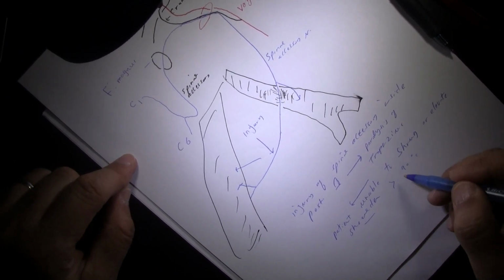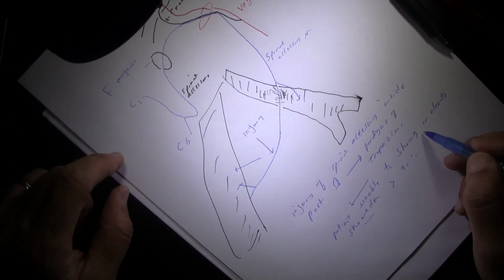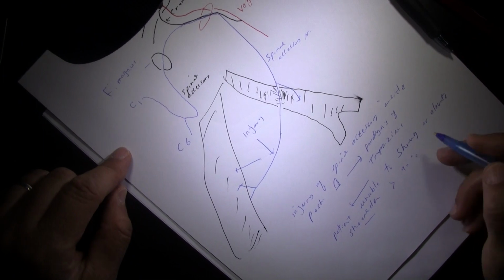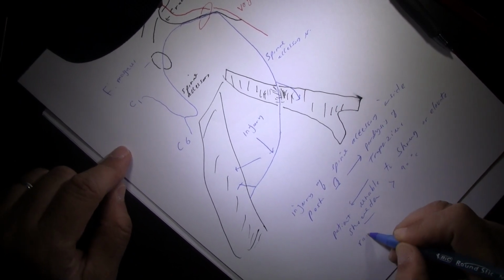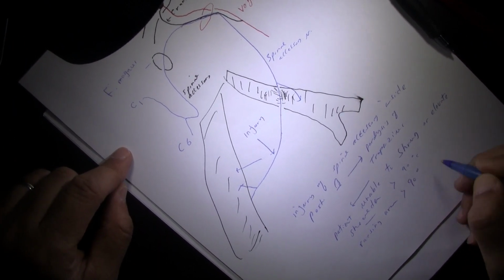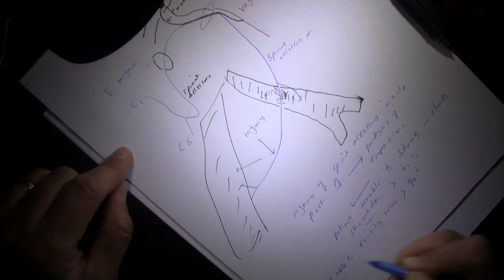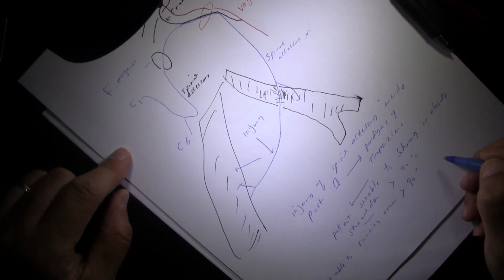If you ask the patient to shrug the shoulder, they are not going to be able to do that. If you ask them to raise the arm more than 90 degrees, they are not able to.